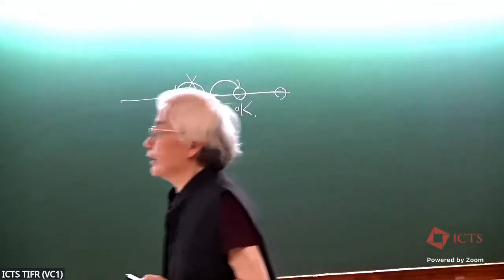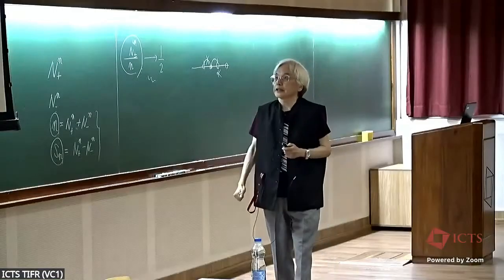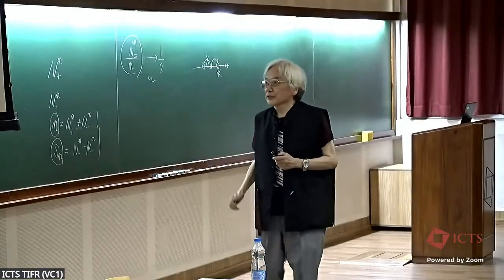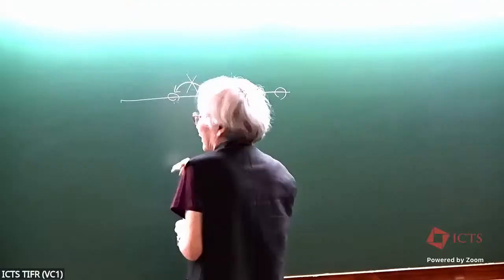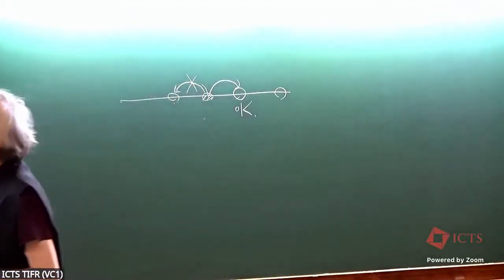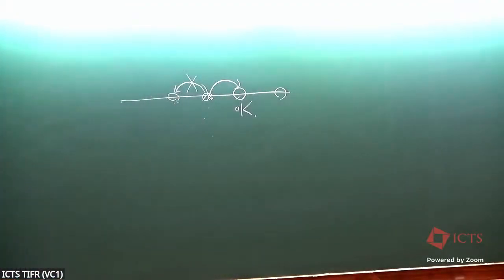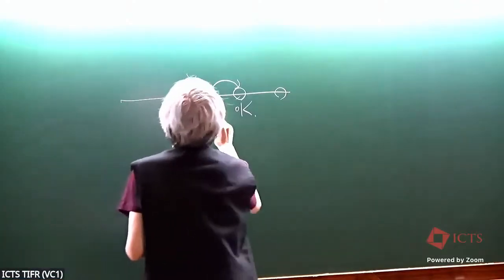And there are many results concerning this exclusion process. We want to extend this process to the elephant random walk, right? But it is very clear. In this case, for the elephant random walk, we cannot move to an occupied site, but it differs from the original one in memory.